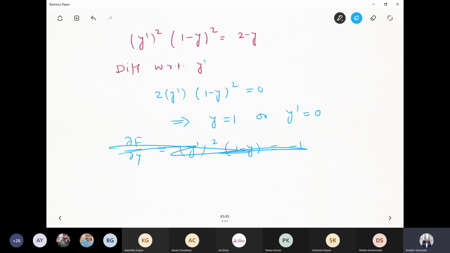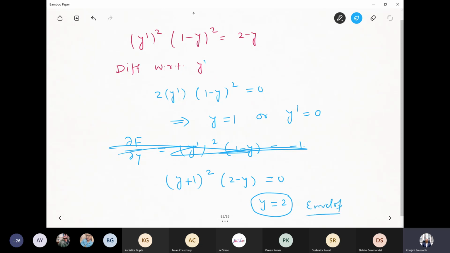From the general solution, you will see that you have (y plus 1) square into (2 minus y) equals 0. So this also gives y equals 2 as the envelope.